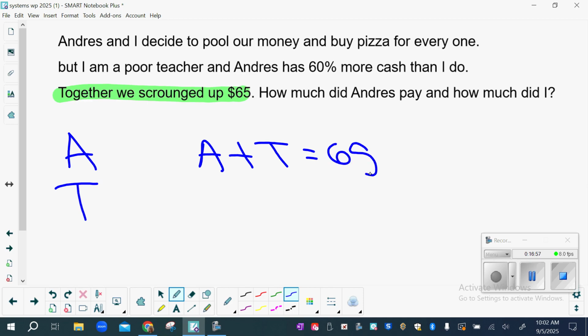Now, here we go. This is from earlier today. Look at me circling back around. Andres has 60% more cash than I do. I need you to write me an equation that equals it out, right? Equal what I have and what he has out.